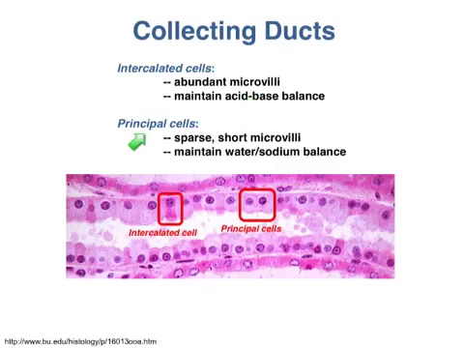The principal cells are mostly important to maintaining the water-sodium balance. When we talk about the effects of aldosterone on urine formation, aldosterone places a sodium-potassium ATPase in these principal cells so that sodium gets reabsorbed and potassium gets excreted.